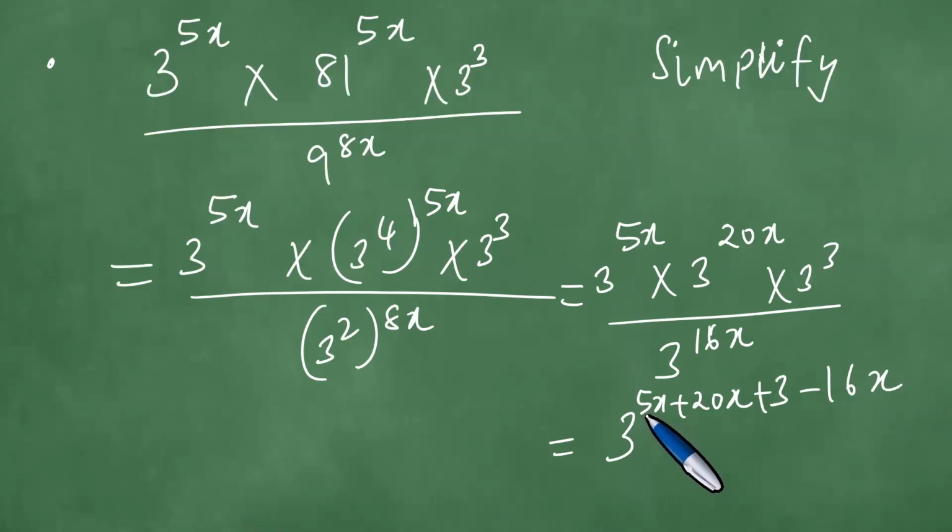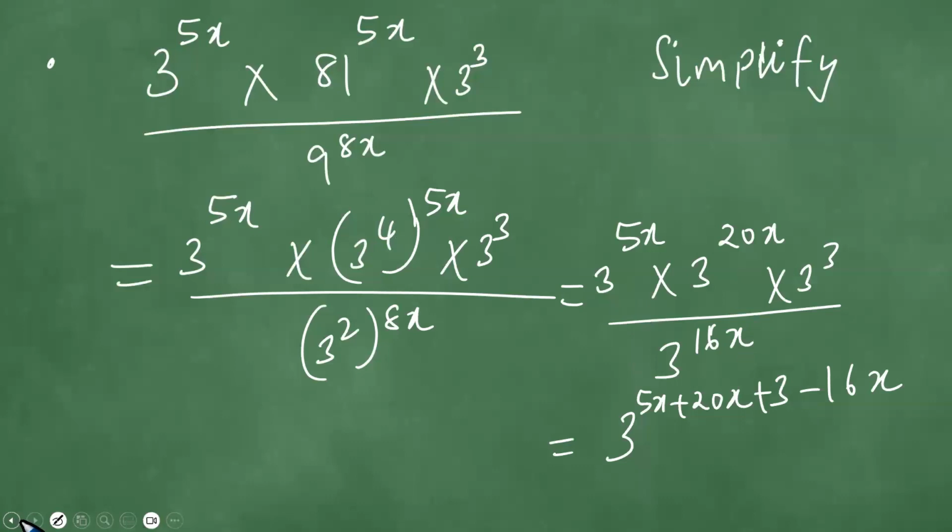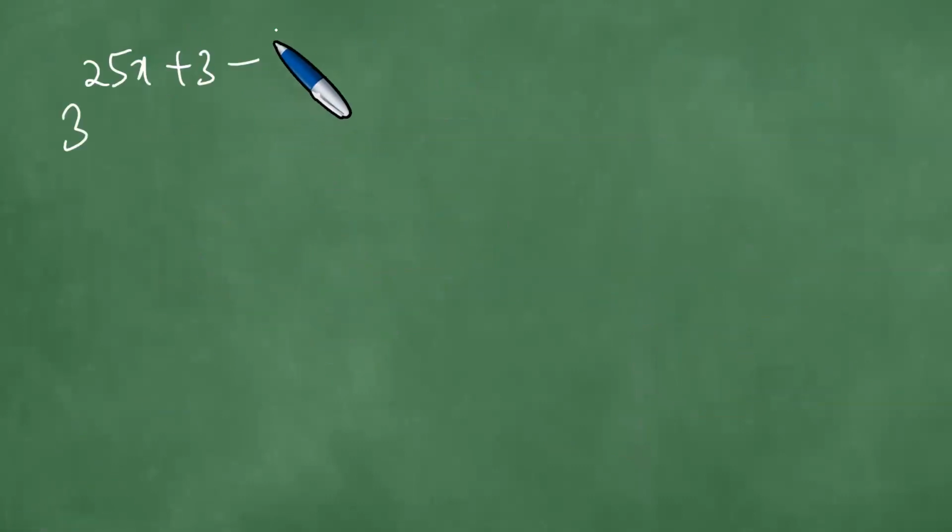What is 5x plus 20x? 25x, which is 25x plus 3. So it's 3 to the power 25x plus 3 minus 16x.